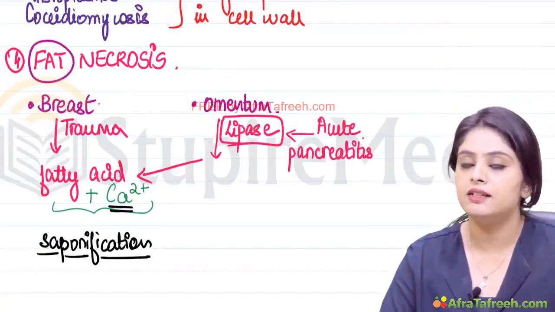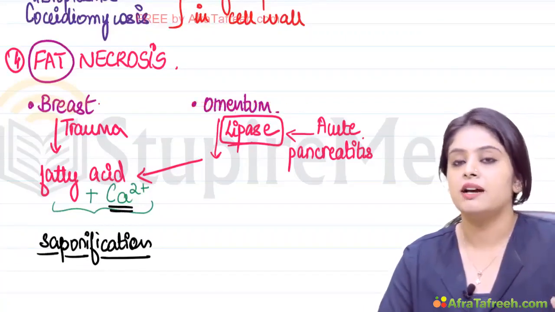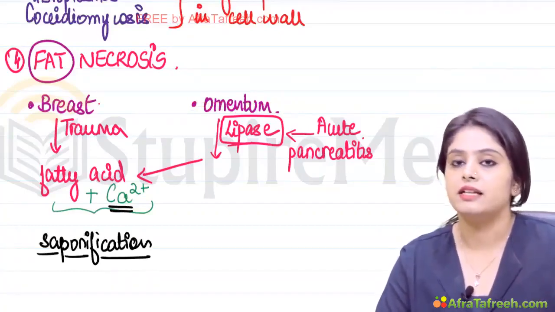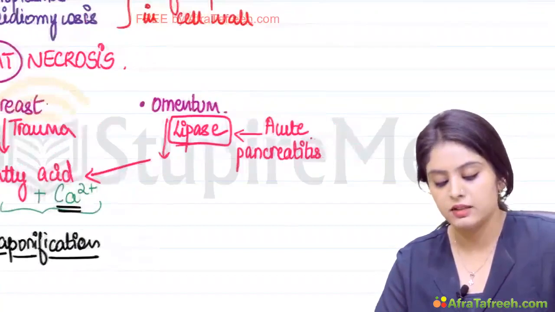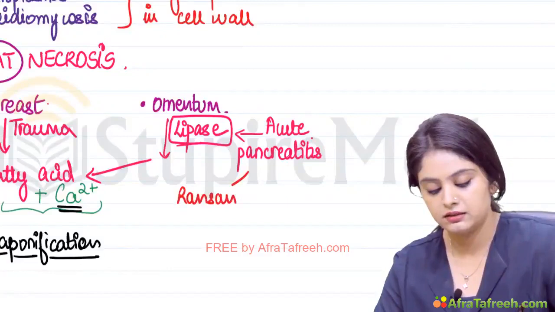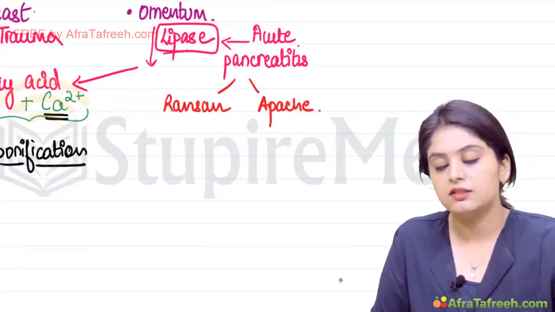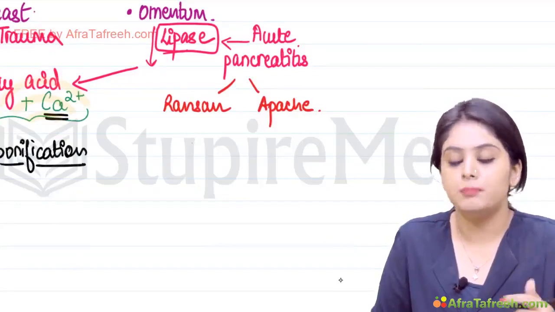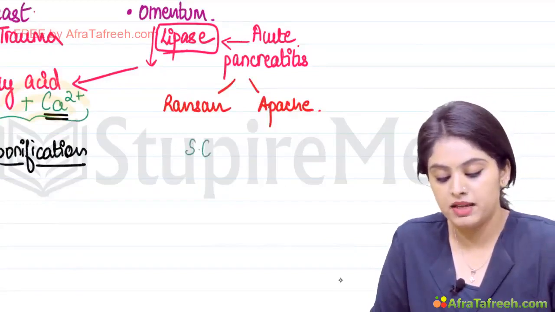We have certain criteria, as all of us know. We have the Ranson's criteria and we have the Apache's criteria. These are two criteria that are used very commonly. Both of these use one very important parameter, that is serum calcium.